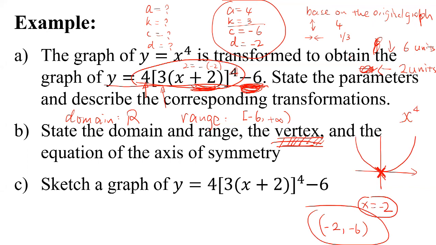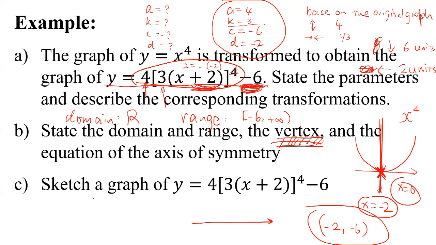And the equation of the axis of symmetry. Okay, also note that the equation of the axis of symmetry of the original graph is just x equals the x coordinate of the vertex, right? For example, the equation of the axis of symmetry in the original graph is just x equals 0.